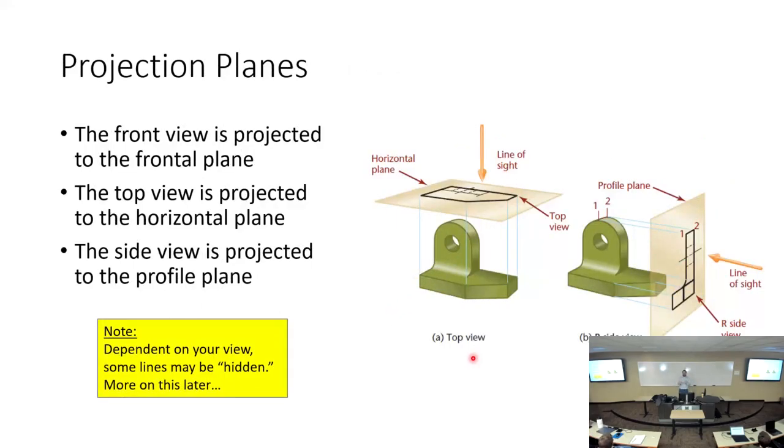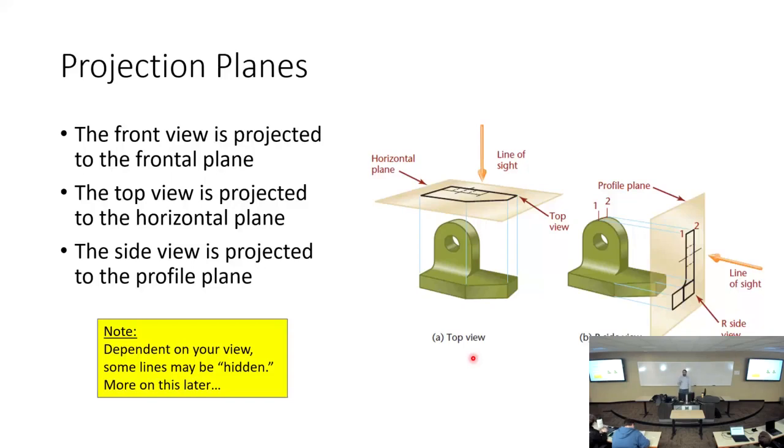The most common projections that we will use are front, top, and right, or front, top, and side. So if you have an object and you need to represent it in a standard orthographic projection, you would typically use 3: front, top, and side, and I'll show you some examples of that here in a bit.